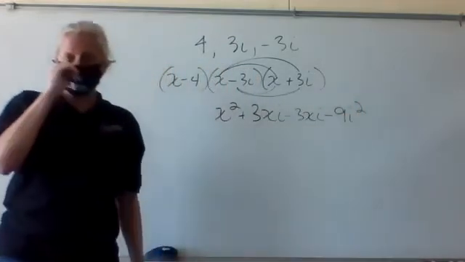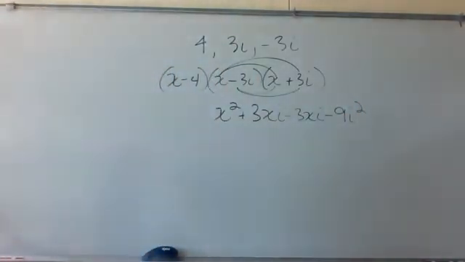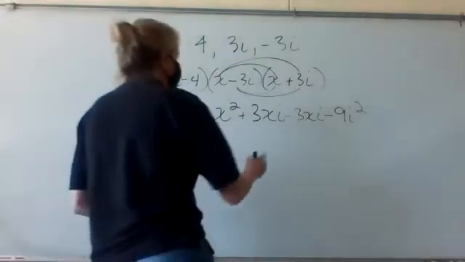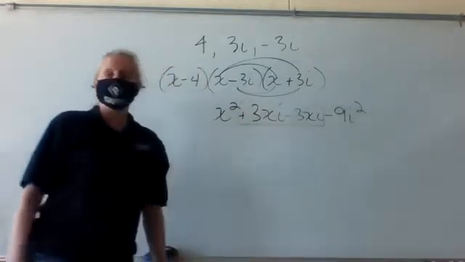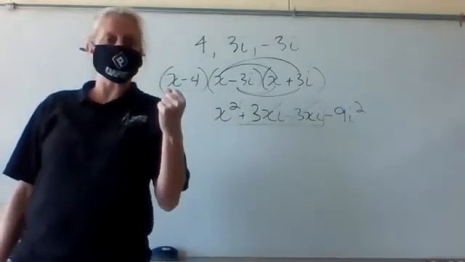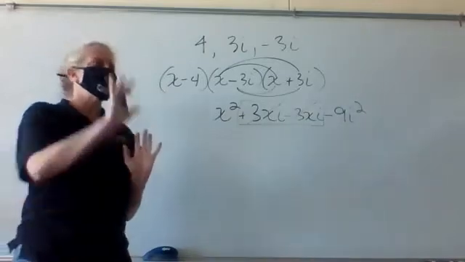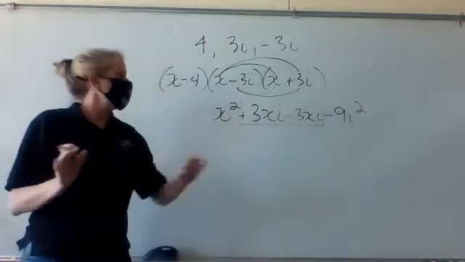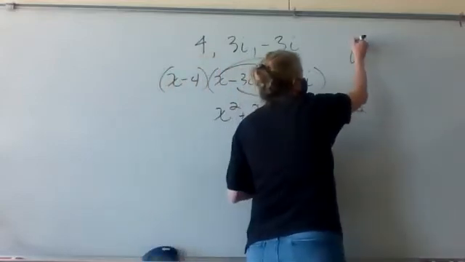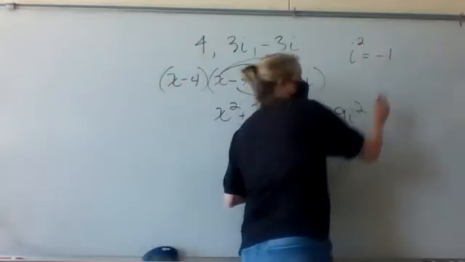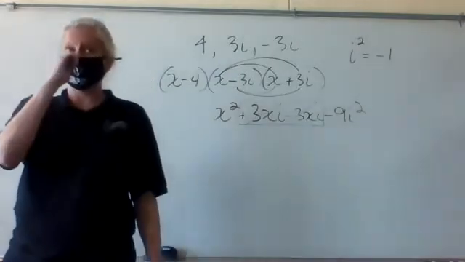Now, here's why you multiply those together first. What happens to these middle two terms? They're just going to cancel each other out, right? They're positive and negative of the exact same thing. Now, I can't remember if we've talked about it before, but remember, anytime you have an i that's squared, i squared is always equal to plain old -1.